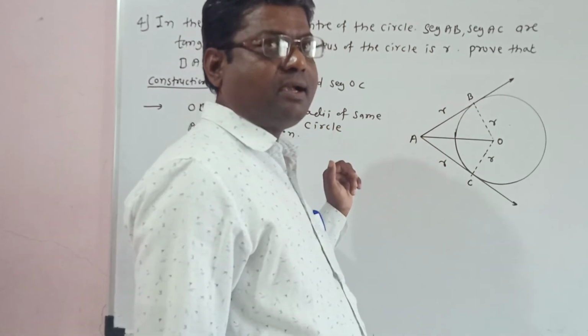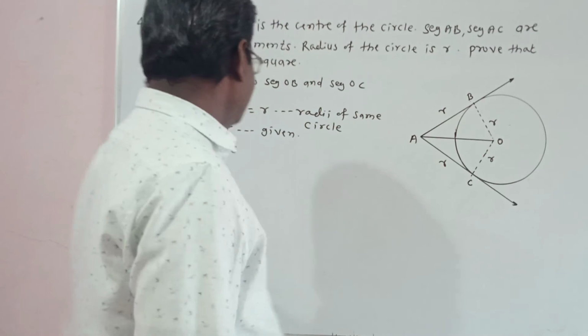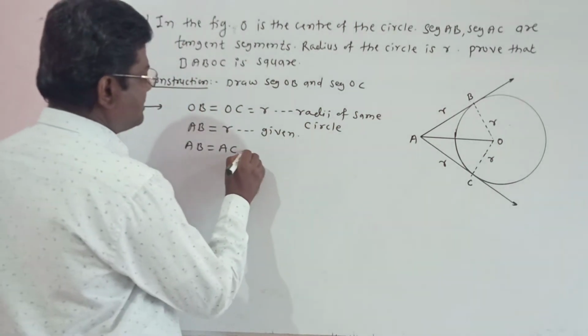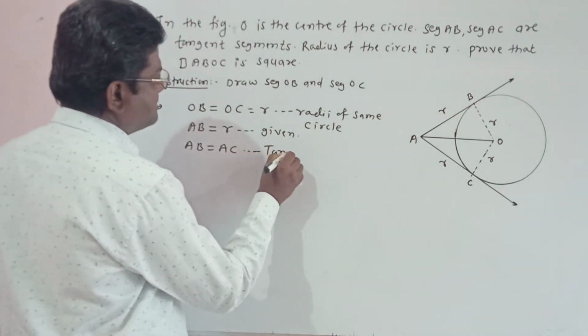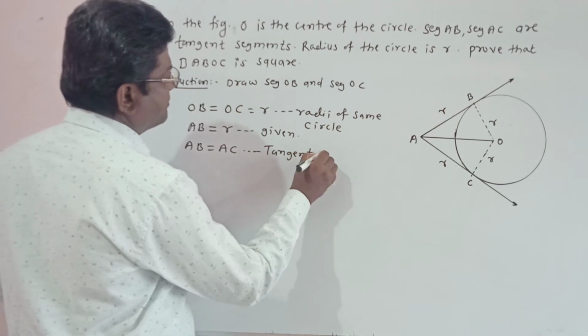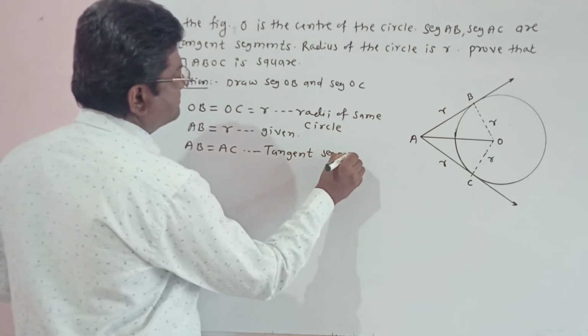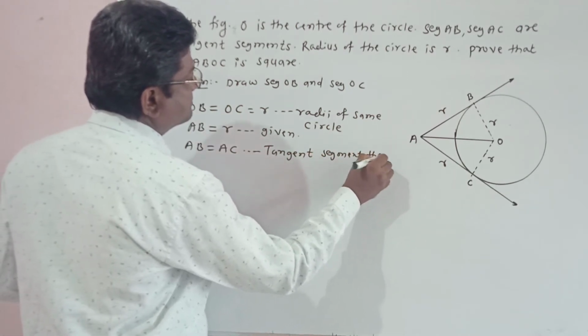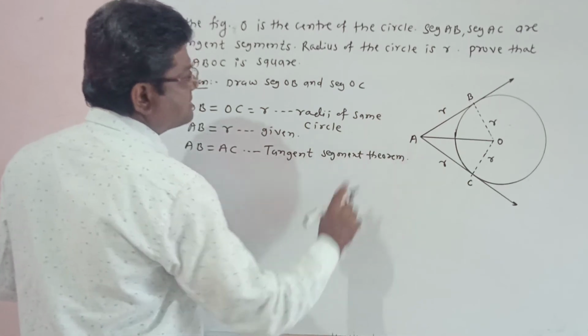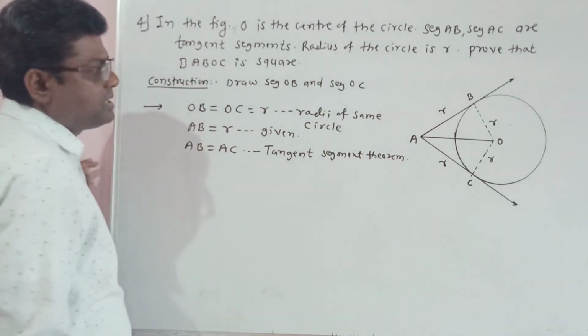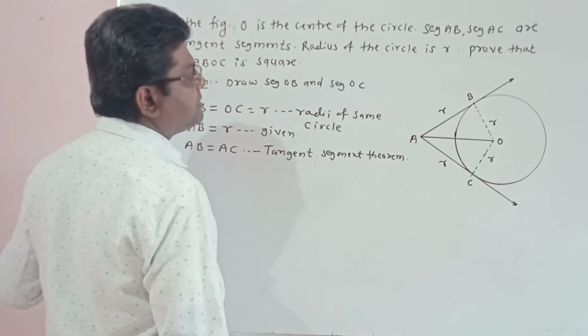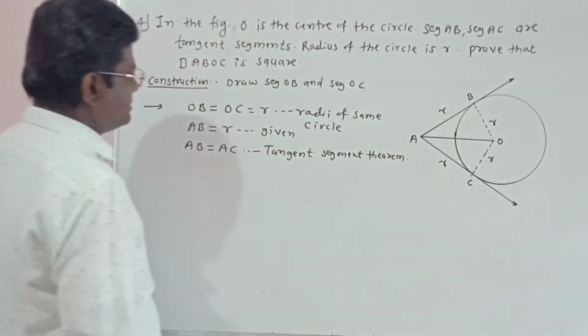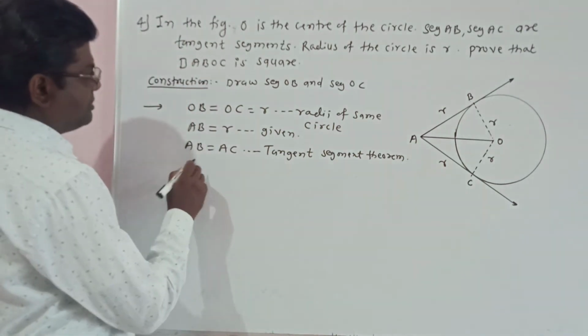This is called the tangent segment theorem. So here is the reason: tangent segment theorem. Tangent segments from an external point of a circle are congruent. AB is equal to AC.